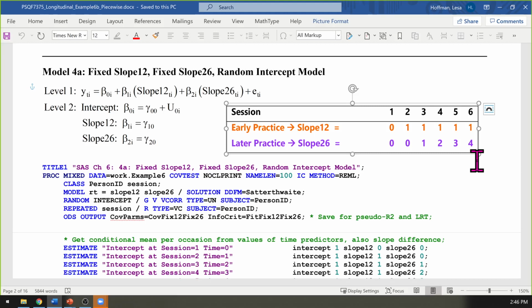You have to put all of the dummy codes in the model at the same time for them to mean what you intend them to, otherwise it doesn't work. Same thing here. So the slopes work together to capture the overall trajectory. They're not hierarchical. They should go in simultaneously.